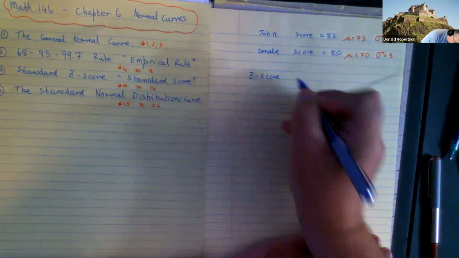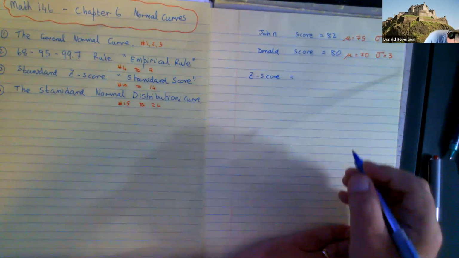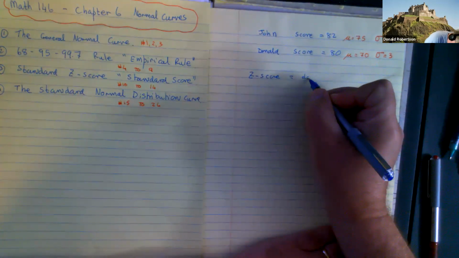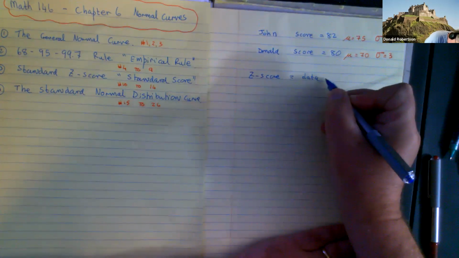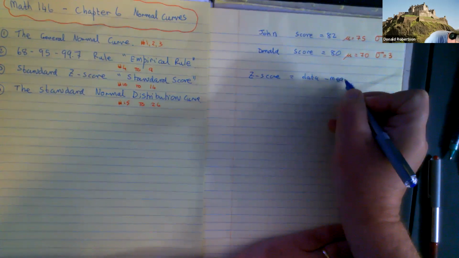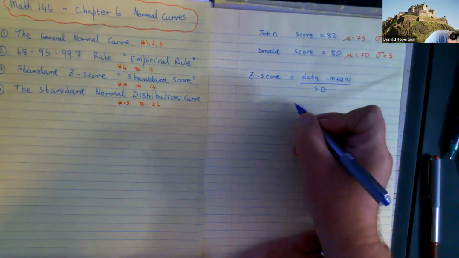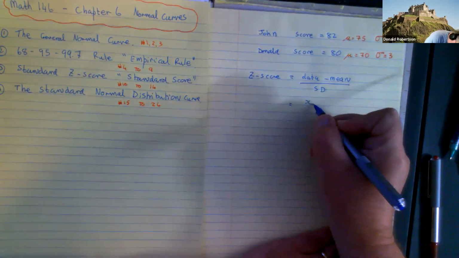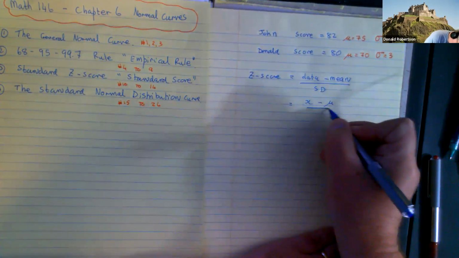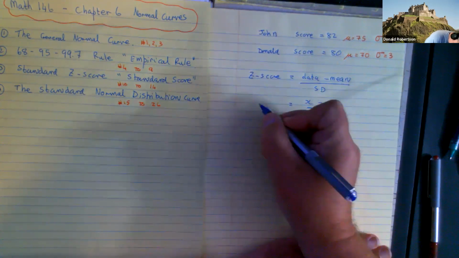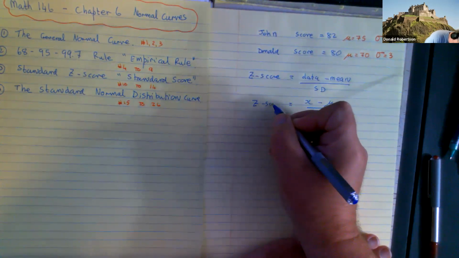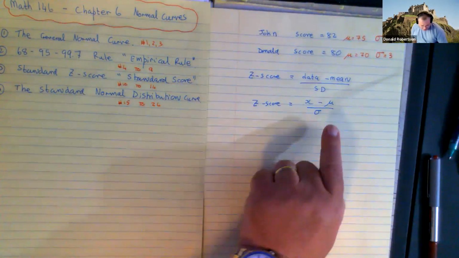I like just calling it Z-score. And it's calculated using this formula. The data, take away the mean, divided by the standard deviation. It's normally written down using a much more mathematical one, right?